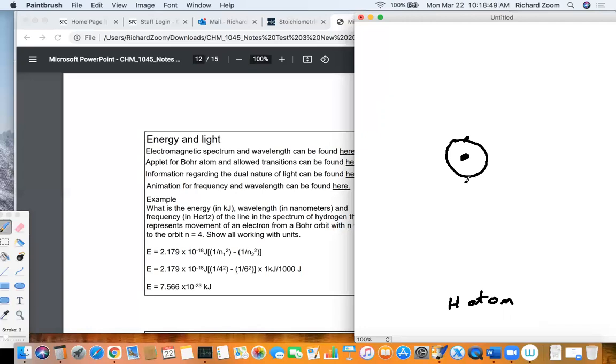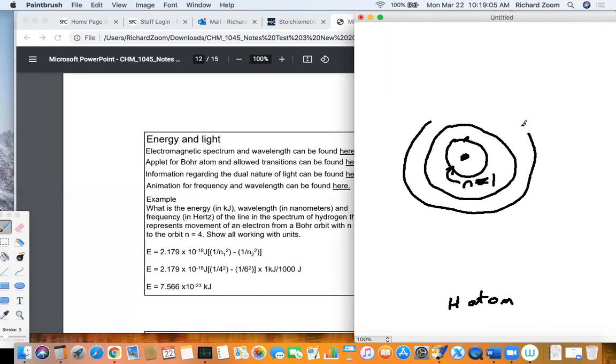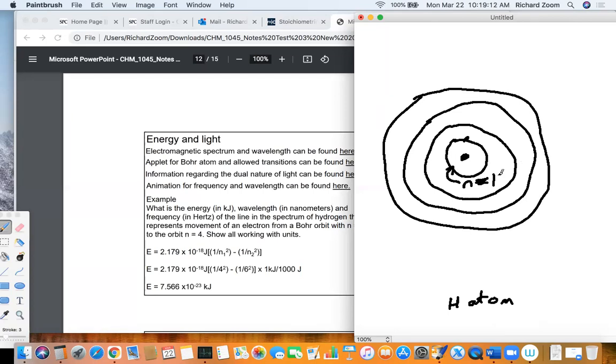And in its ground state, this electron is said to be at the energy level where n equals 1, which represents this circle around where the nucleus resides. Now, there are other energy levels around this, and it goes infinite.